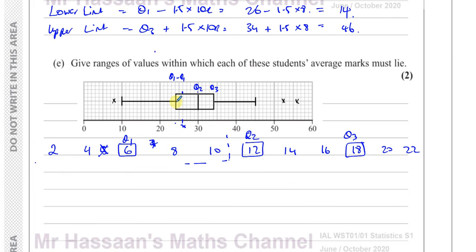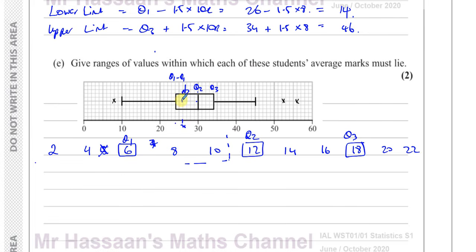Okay, so any number between 26 up to 30. Why up to 30? Because the lower quartile, the median and the upper quartile didn't change. If I add a number here, this is going to increase the lower quartile.